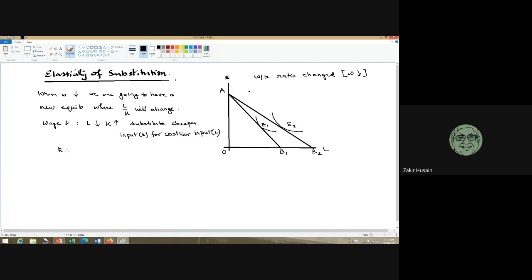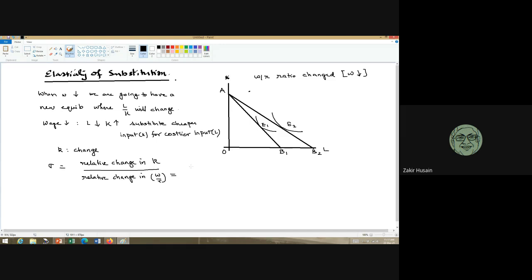So small k is going to change. Now, the elasticity of substitution sigma is the relative change in small k divided by the relative change in the input price ratio.